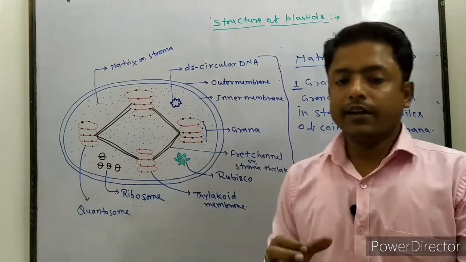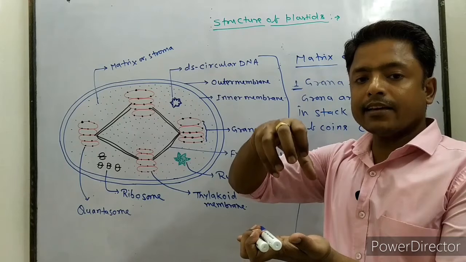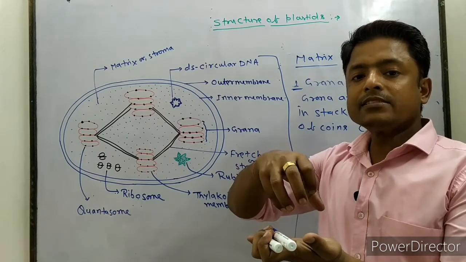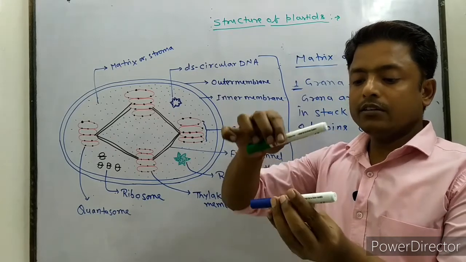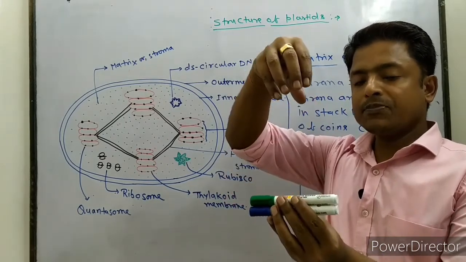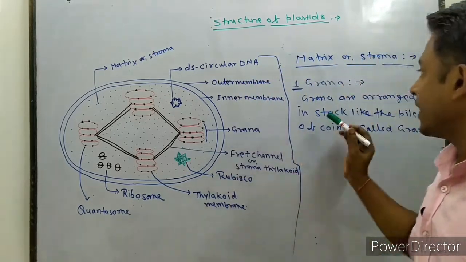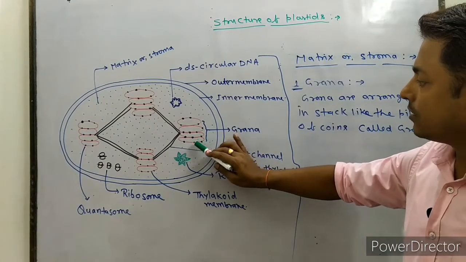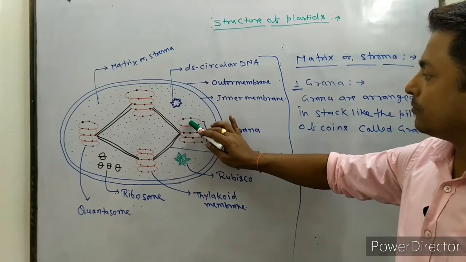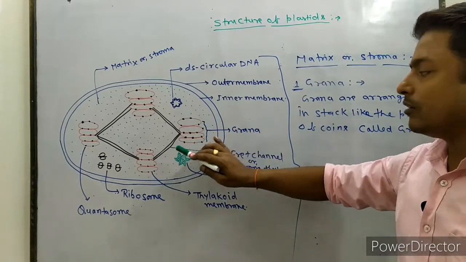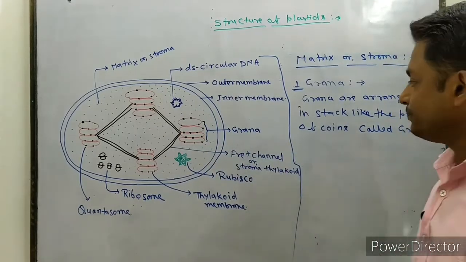So grana is a stack-like arrangement. Stack-like arrangement means if we take some coins, 1 coin, 2 coin, 3 coin, 4 coin, just arranged in a stack-like manner, so it forms grana. Here one thylakoid, second thylakoid, third thylakoid, fourth thylakoid, fifth thylakoid. So the whole structure is grana.